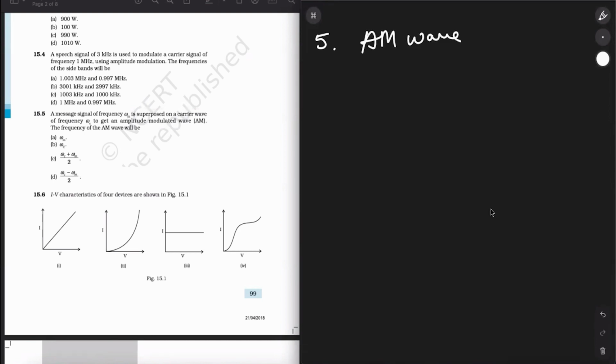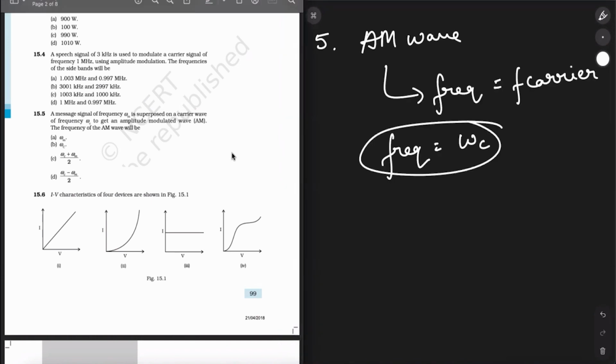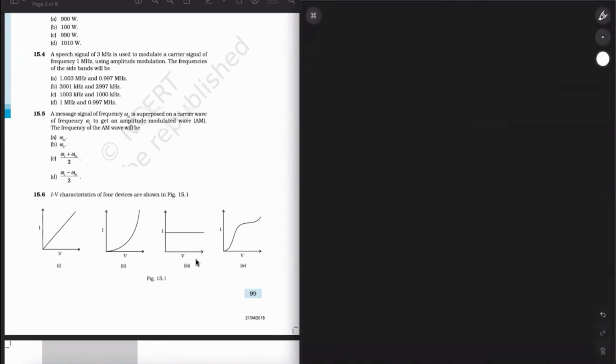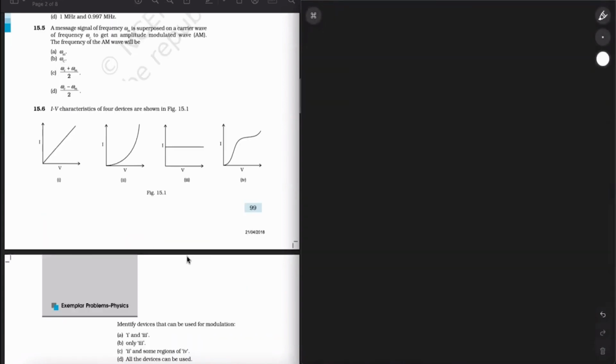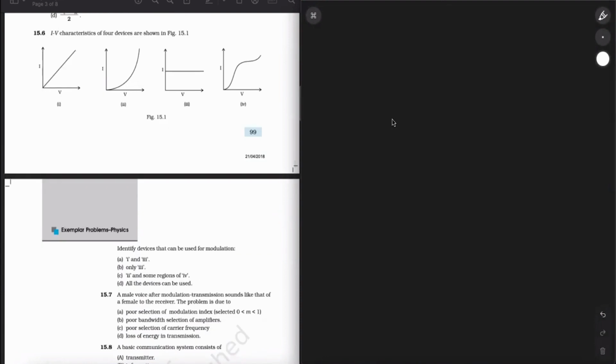The IV characteristics of 4 devices have been shown in figure 15.1. You can see this. Identify devices that can be used for modulation. The concept behind this question is the square law modulator. It is a device that can produce modulated waves by the application of the message signal and the carrier wave.